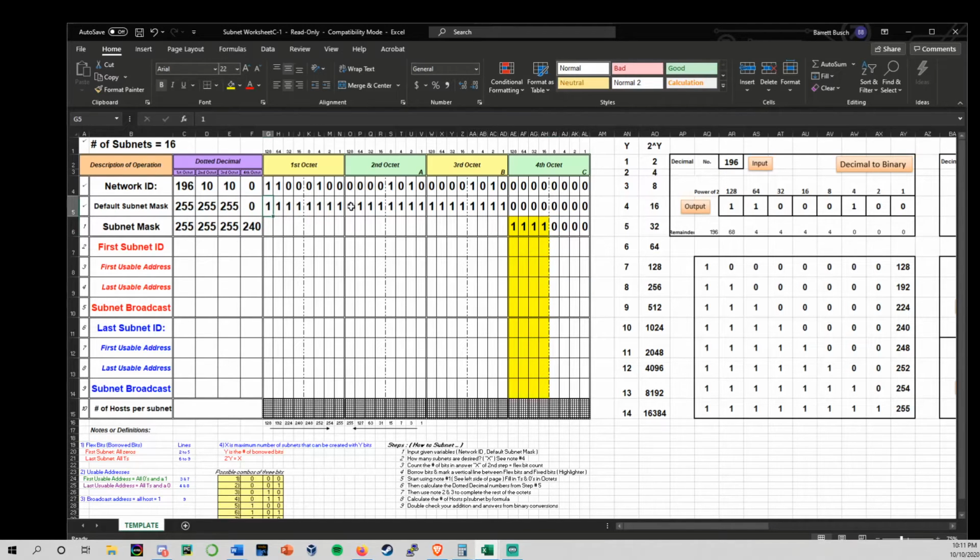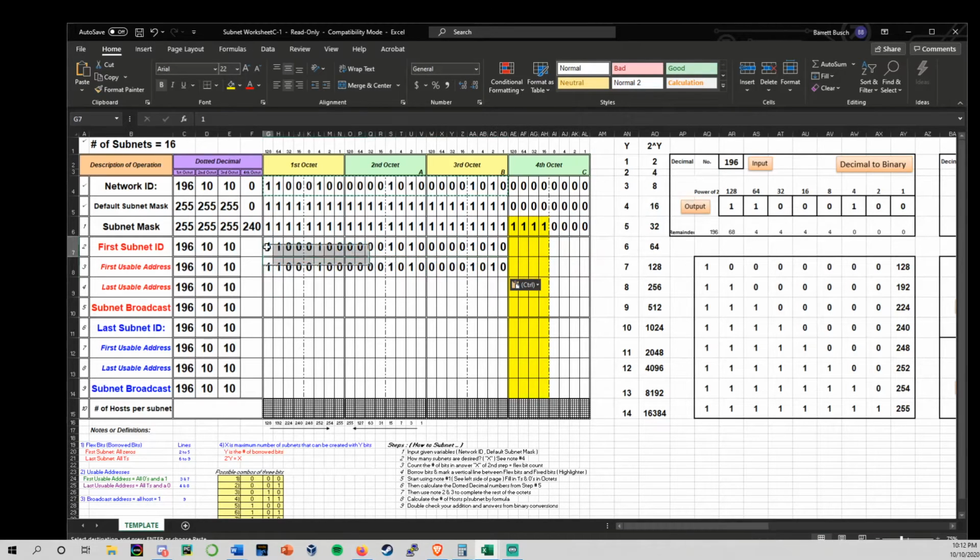And I'm going to go ahead and add all of these ones here. And then remember, we know that this is going to be static. So we can actually pull these numbers down here. And we know the binary for it already. So we can fill in a lot of these fields.